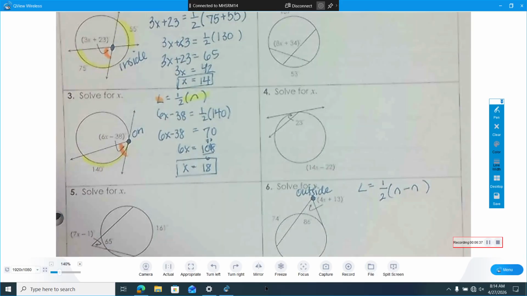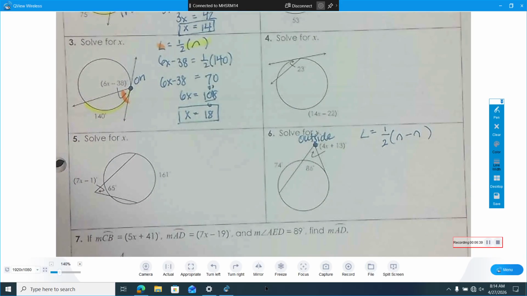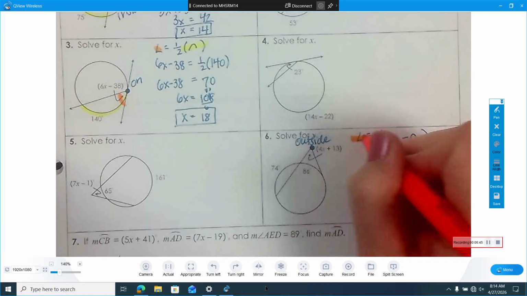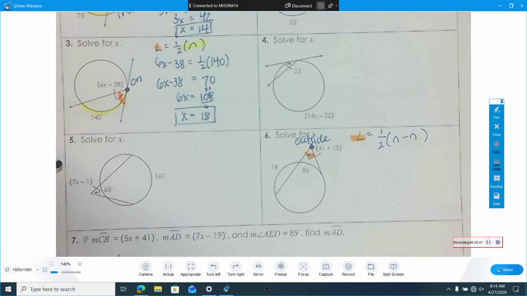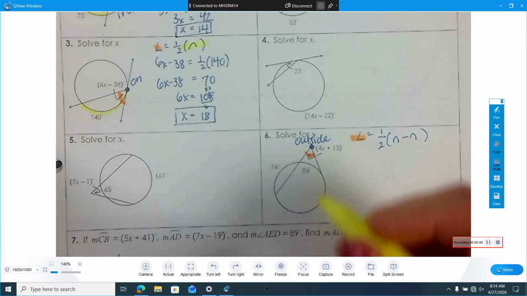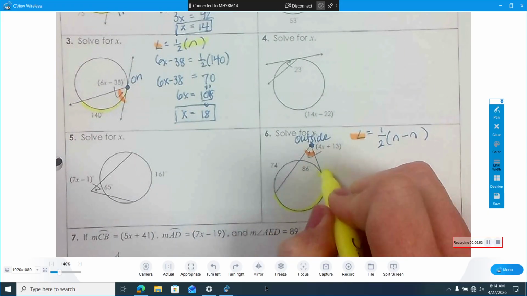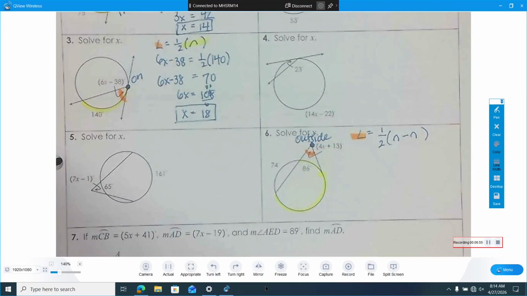Let's look at number 6 since we started that one. Number 6, again, angle. Here's my orange angle. But the arcs that I need are the arcs that the angle would swallow up if it were to just close its mouth, okay?